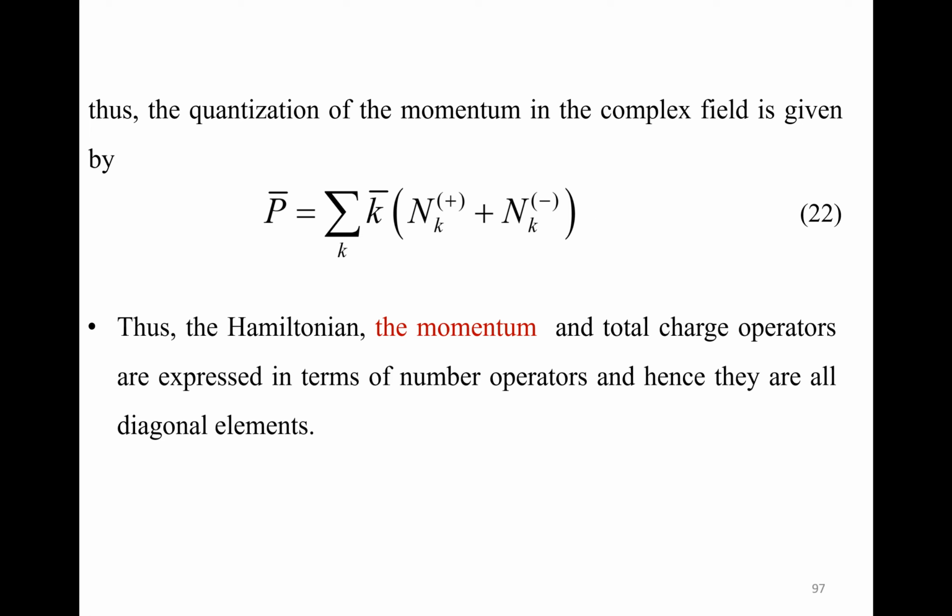Already we have quantized the momentum, so this is the eigenvalue of the momentum in the complex field. Thus the Hamiltonian, the momentum and the total charge operators are expressed in terms of number operators. So we have written them in terms of number operators, and also they are all diagonal elements. Only then can we have eigenvalues.